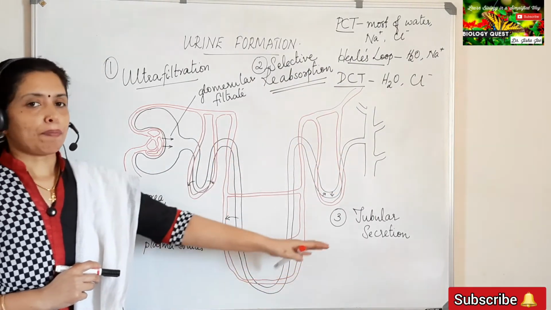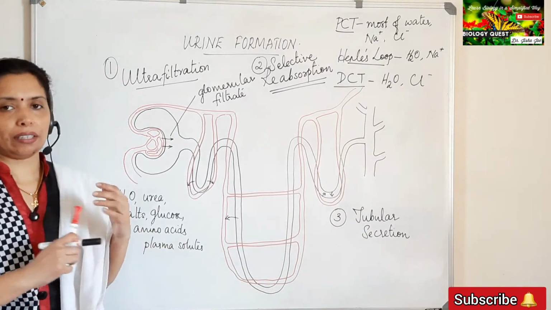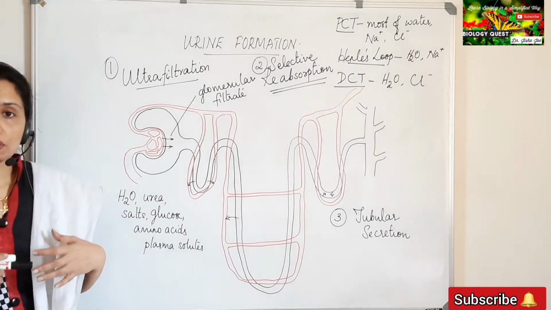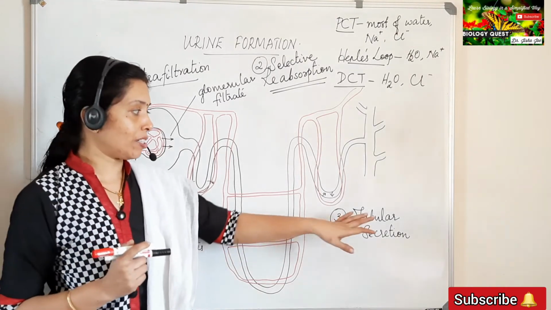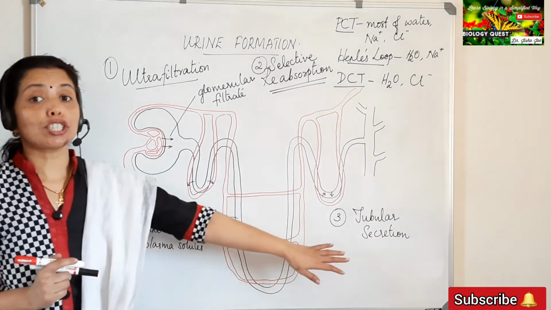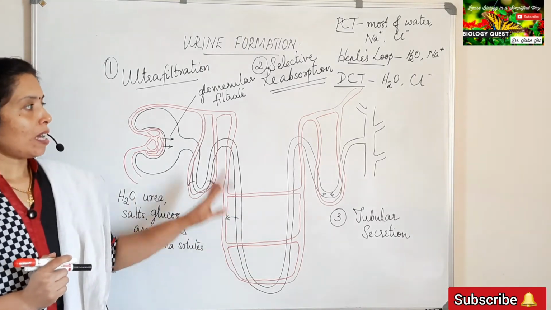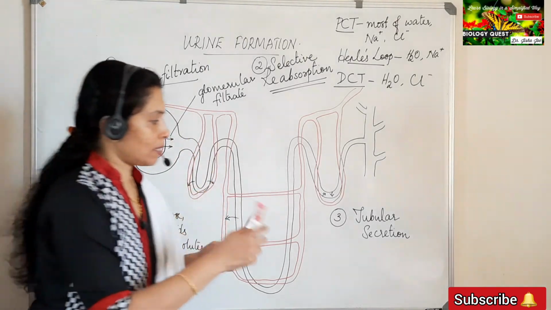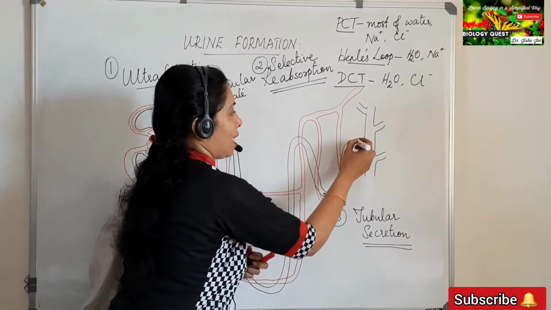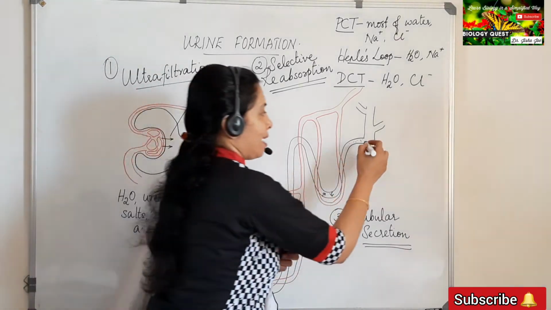Okay, this process of secretion of such substances like drugs or potassium ions from the walls of the DCT into the filtrate is called tubular secretion. Once all these three steps are over, the filtrate which has finally reached the end of the DCT is called urine.